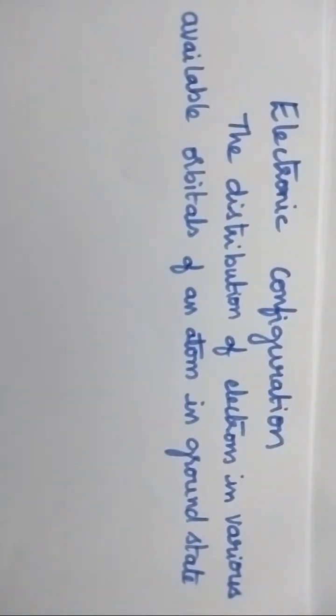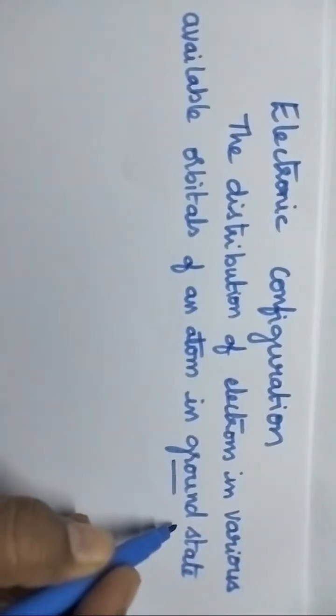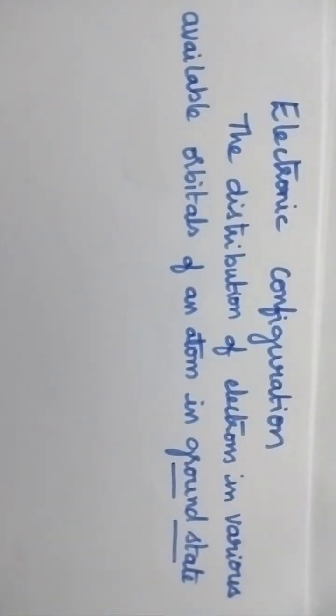So electronic configuration means how the electrons are distributed in various available atomic orbitals, and especially we have to consider the ground state distribution.